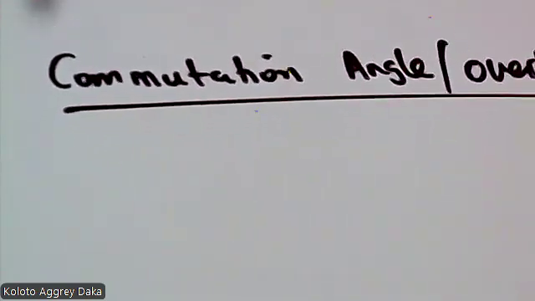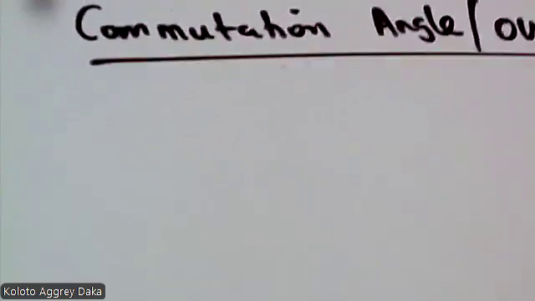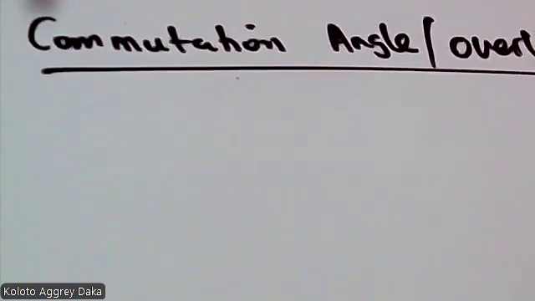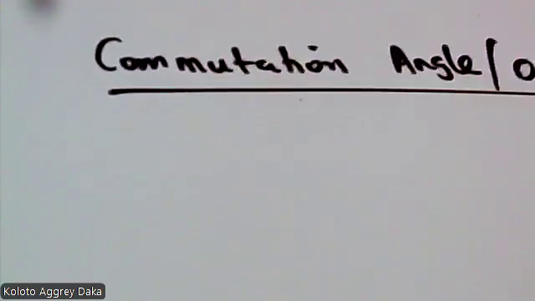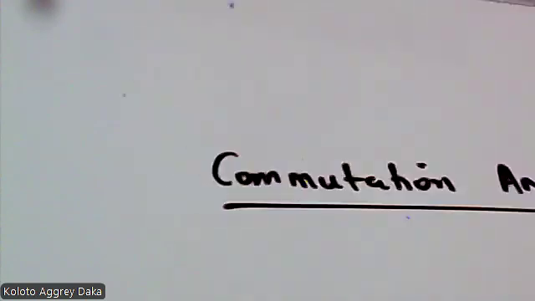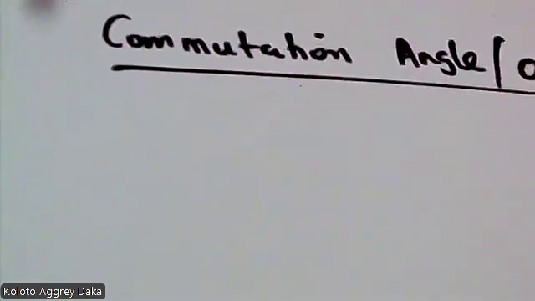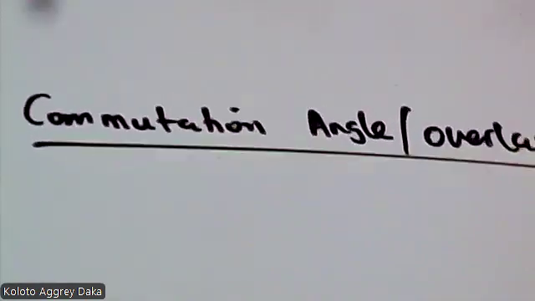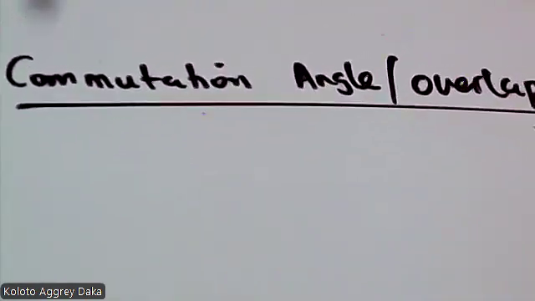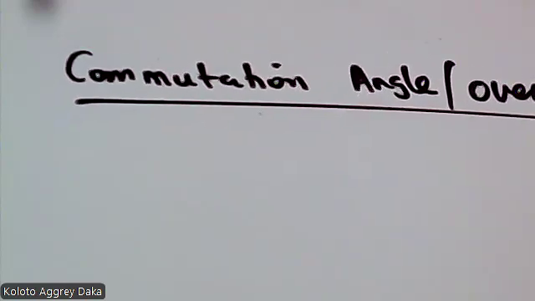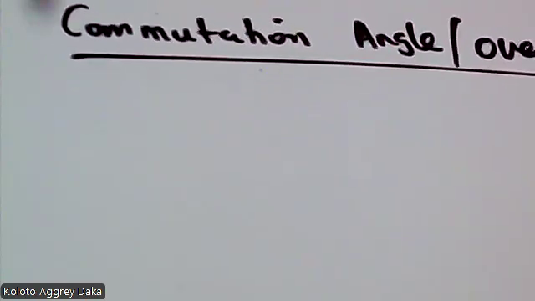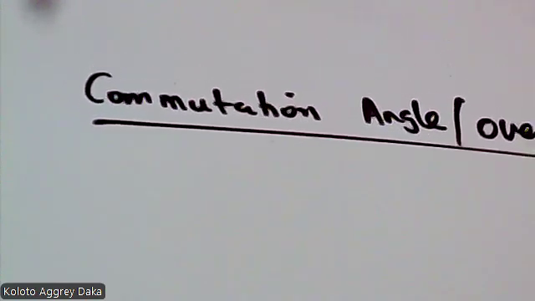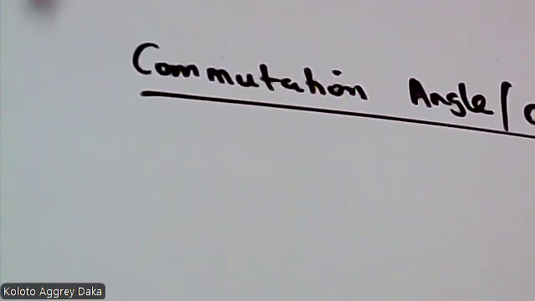So we have said commutation is the change of lane, when the path is changing. Are we together? So what is the overlap angle? It is where, at that point when the commutation is happening, we are changing the path from one path to the other. But at some point, both paths are going to conduct simultaneously.